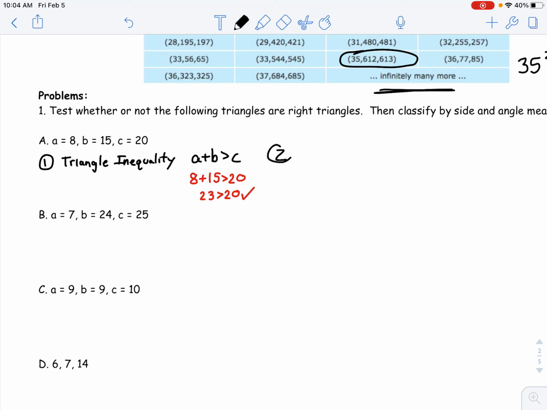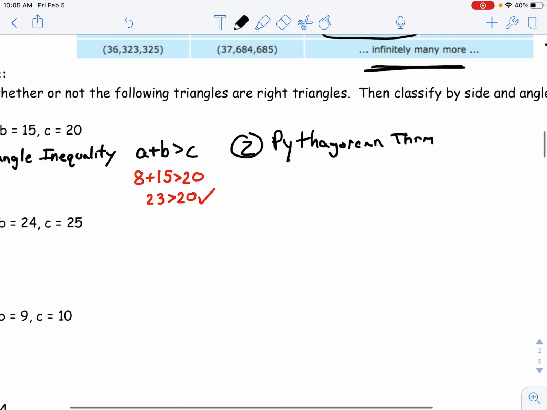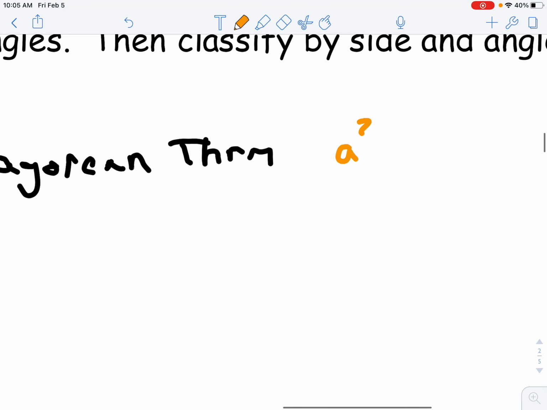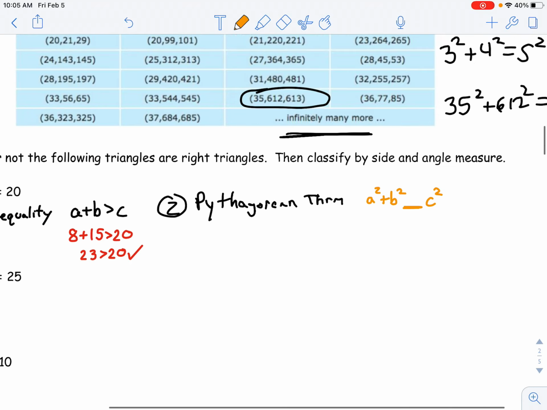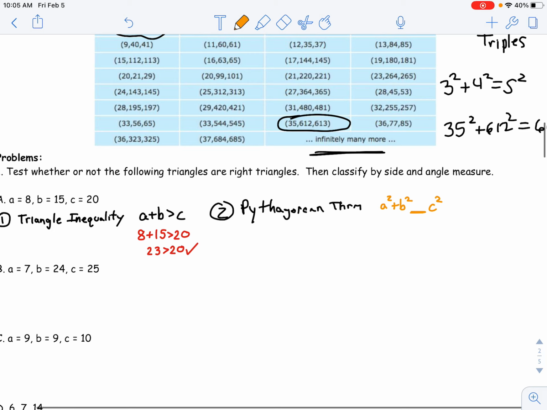Two is we're going to plug it into the Pythagorean theorem. And now what I like to do is say, well, a squared plus b squared blank c squared. I like to leave a blank. Don't write equals or any of that. Let's see what just happens. All right, so let's go ahead and plug in things.